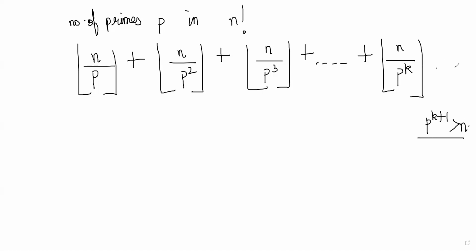After that, the terms will vanish because the floor will be 0. This is the way to count how many primes are there in n factorial. I hope everybody is understanding what I'm saying.